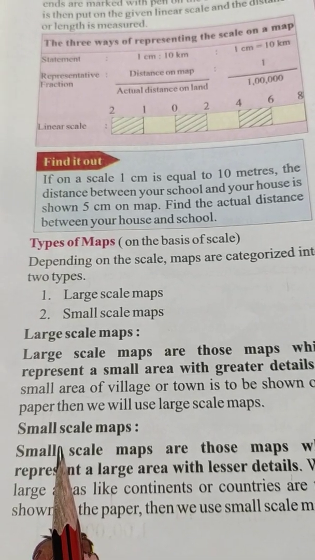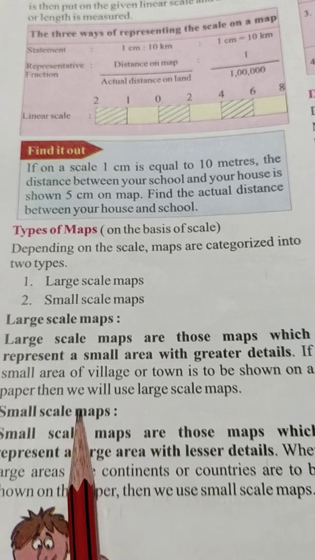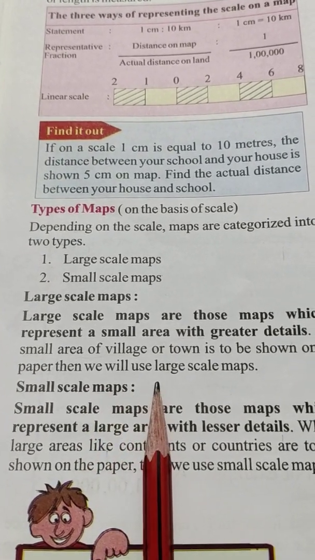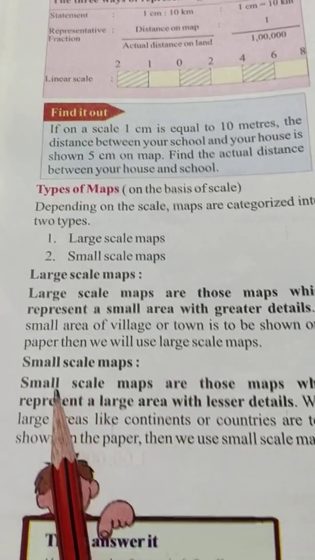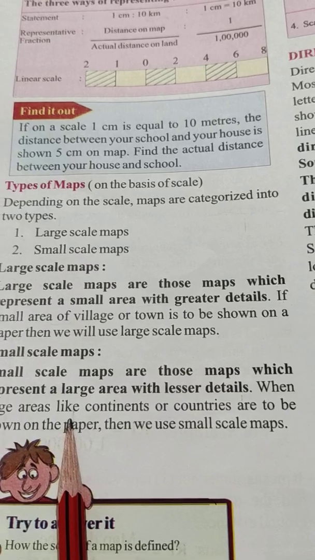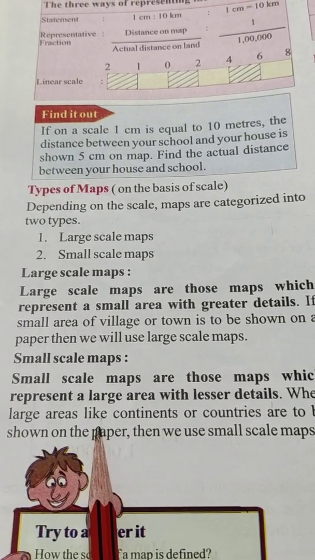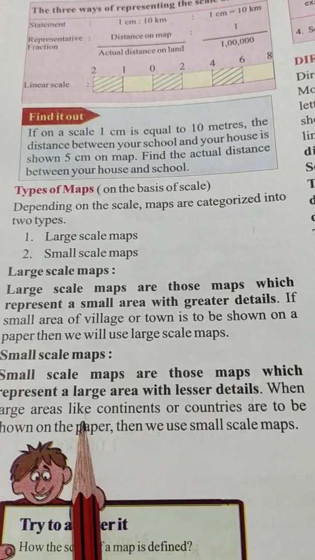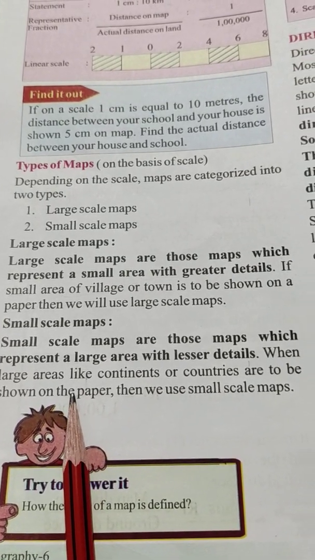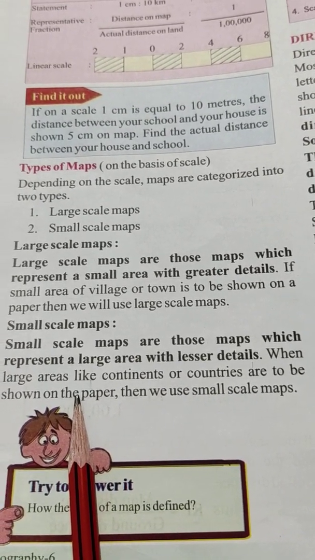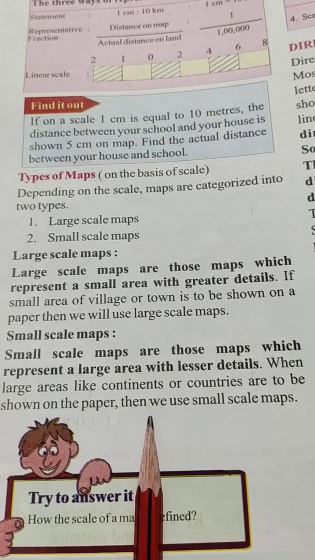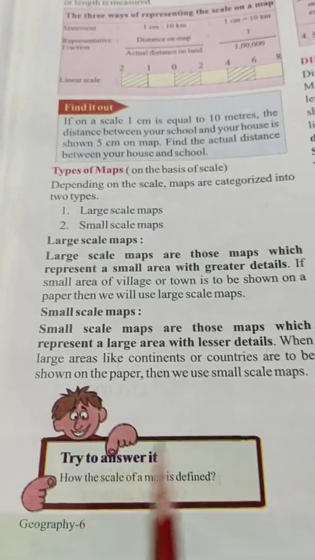If a small area of a village or town is to be shown on paper, then we will use large scale maps. Small scale maps are those maps which represent a large area with lesser details. When large areas like continents or countries are to be shown on the paper, then we use small scale maps.